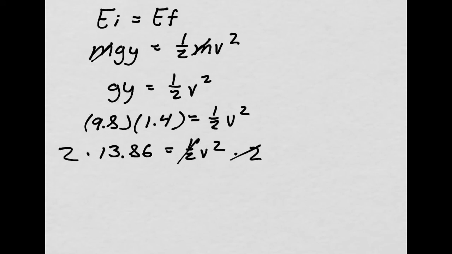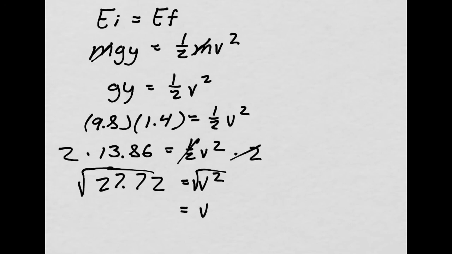So times 2, 27.72 equals v squared, and then we'll take the square root of both sides. Which is v equals 5.26 meters per second.